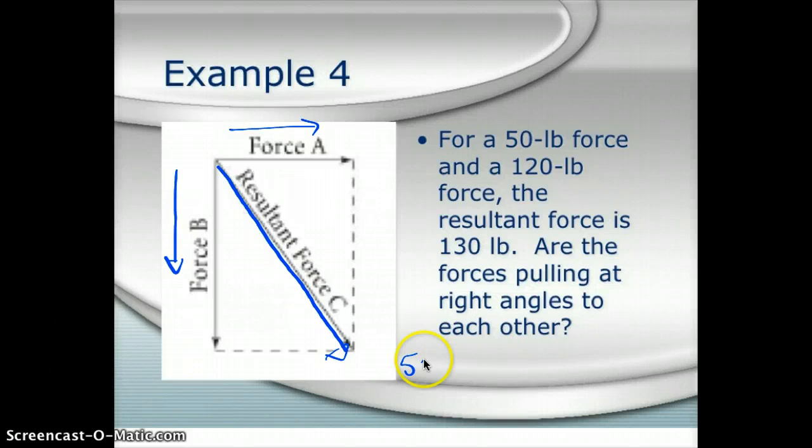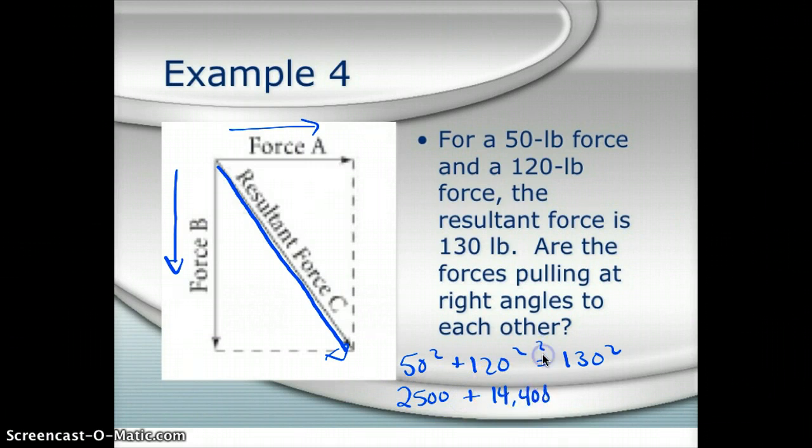If it does, they're at right angles to each other, and if not, they aren't. So we want to check, is 50 squared plus 120 squared really equal to 130 squared? That's what we're checking, and if it is, we're probably good. 50 squared is 2,500 plus 14,400.